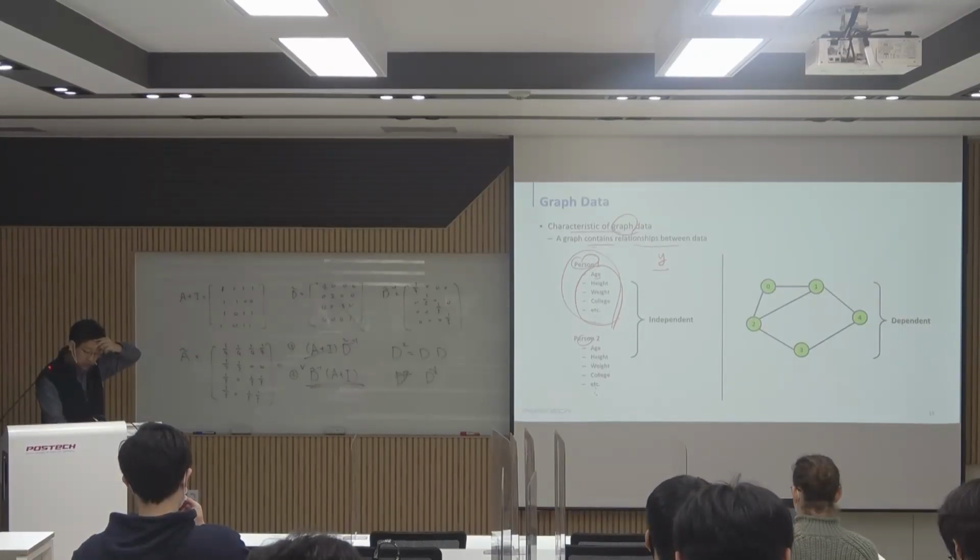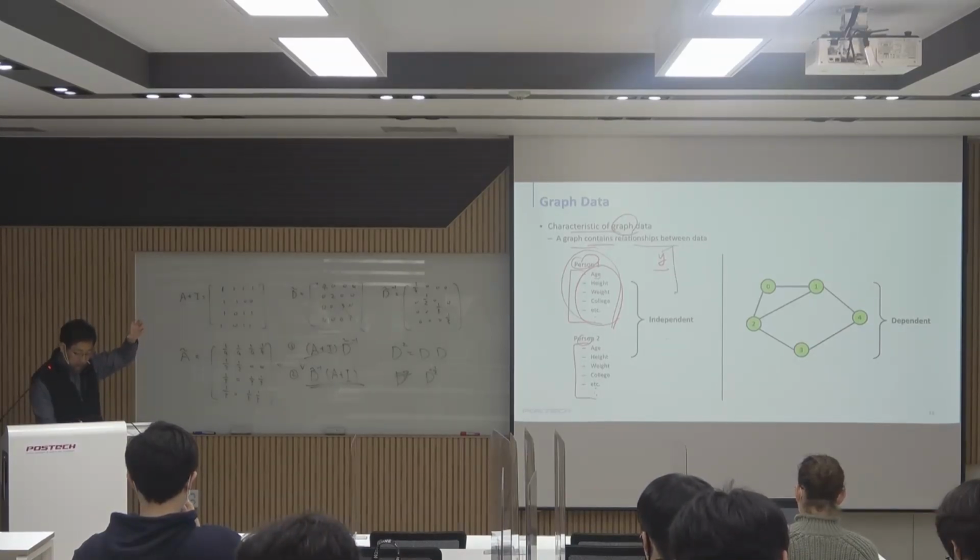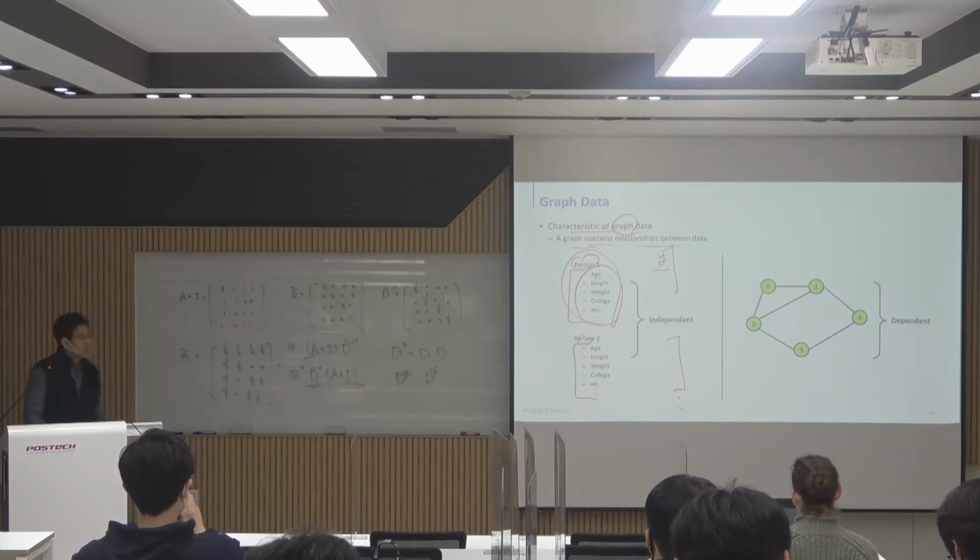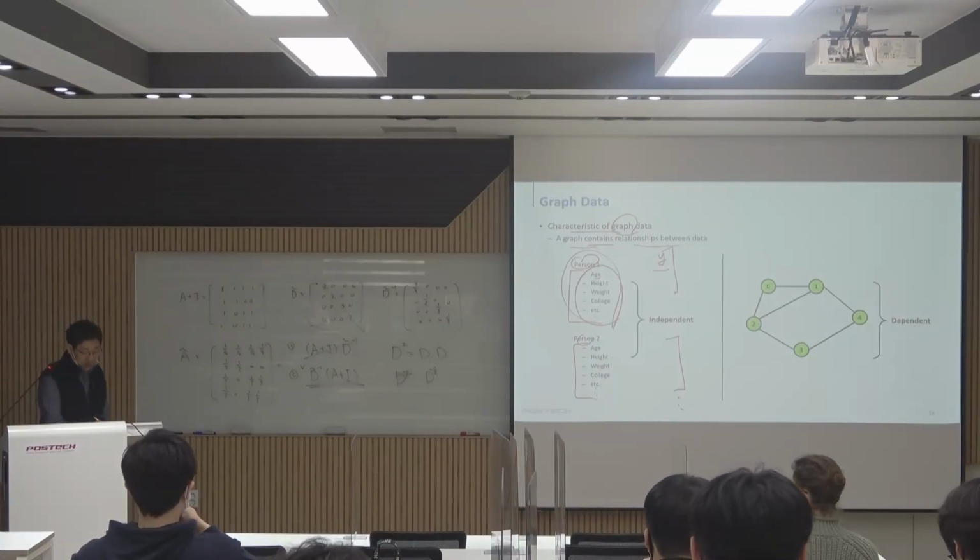This will be one data point, and another pair of data points for supervised learning. But here, the assumption underneath is that these persons are independent of each other. Right? All the data points are independent.